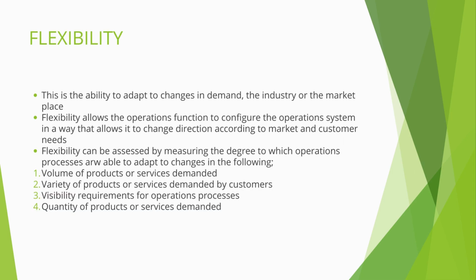We also have flexibility. So flexibility is the ability to adapt to changes in demand, the industry, or the market in place. Flexibility allows the operations function to configure the operations system in a way that allows it to change direction according to market and customer needs. So flexibility can be assessed by measuring the degree to which operations processes are able to adapt to changes in the following. We have volume of product or services demanded.